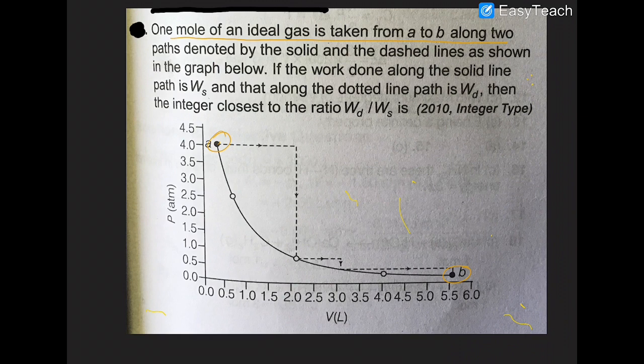It is taken from this point A to this point B in 2 manners, denoted by the solid line and the dashed line as shown in the figure. The work done along the solid line is Ws, and the work along the dotted line is Wd. Then find the ratio of Wd by Ws.